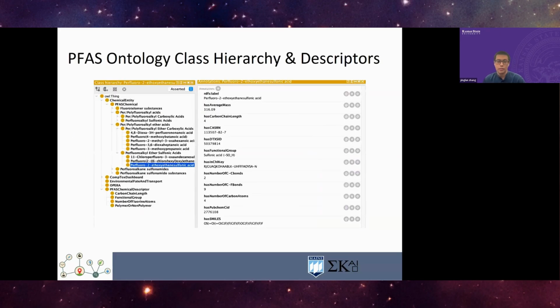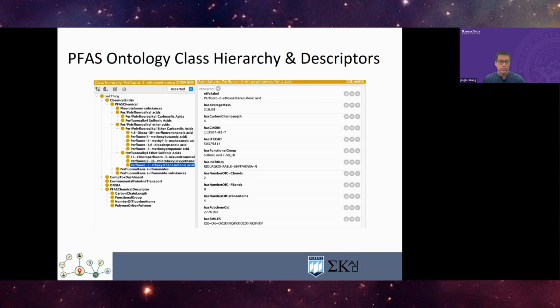Next slide, please. And here is an example screenshot of the ontology's class hierarchy and annotations. PFAS chemicals are organized by their chemical categories, such as perfluoroalkyl acids.